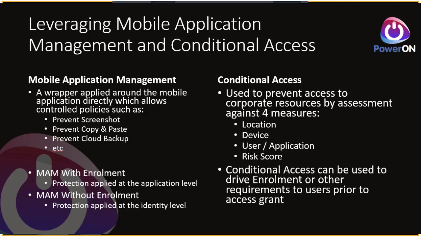So mobile application management then. It works with iOS and Android. So what we can essentially do is place a wrapper around the actual application, which allows us to put policies directly on the application itself. So the features that we can harness are, we can prevent screen capture, and copy and paste between apps.